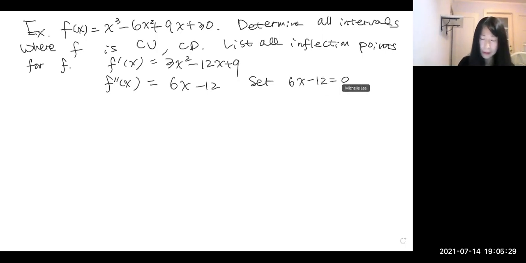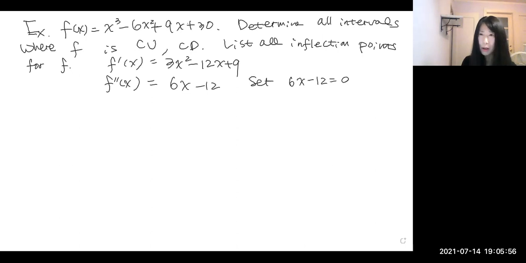It's the same as finding critical points: when we had the first derivative, we set it equal to 0, and the critical points are where f prime of x equals 0 or f prime is undefined. Same for the second derivative: we set it equal to 0, and also check where f double prime is undefined.